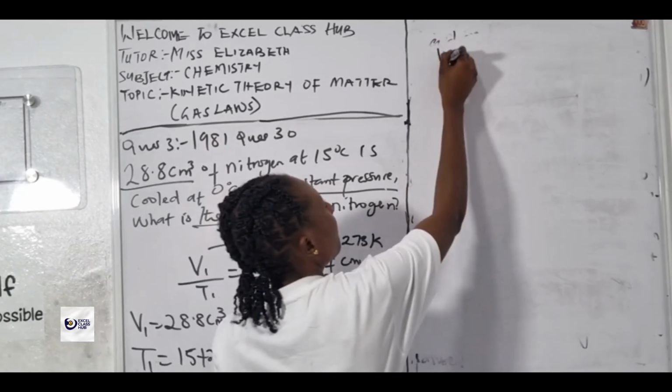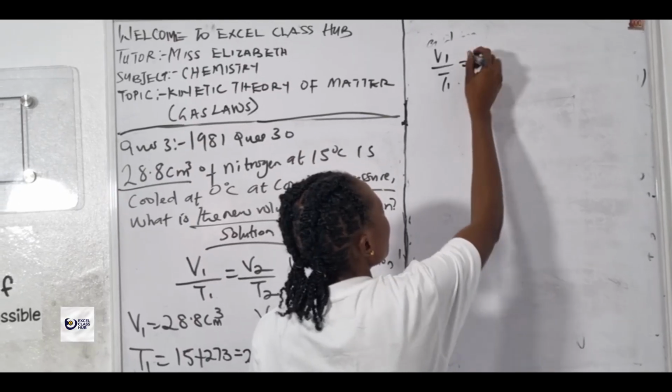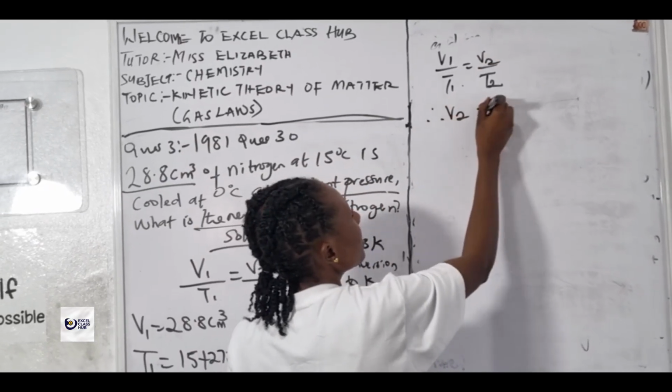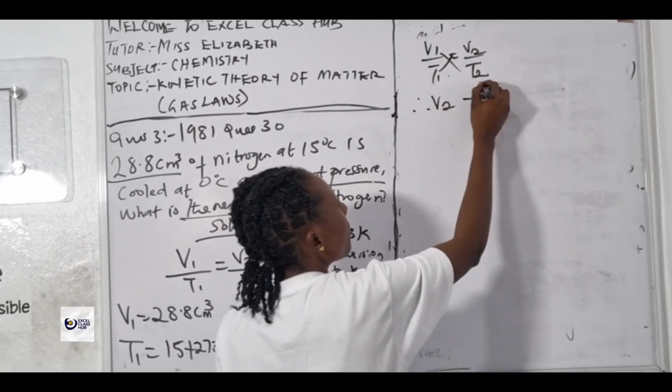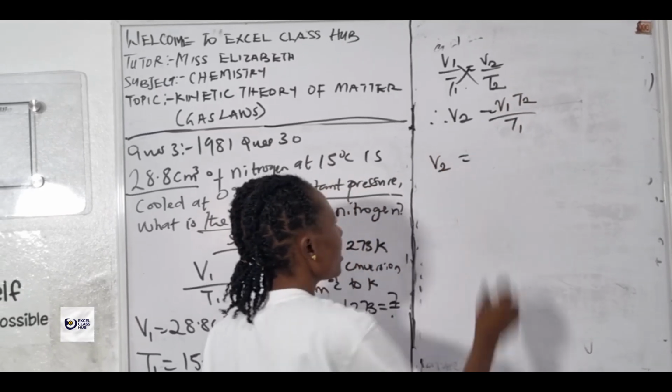Let's proceed. V1 over T1 is equal to V2 over T2, making V2 the subject of the formula. Therefore, when you cross multiply, V2 becomes V1 T2 over T1. What is our V1?